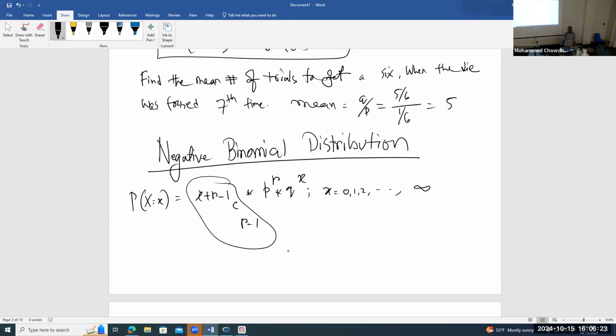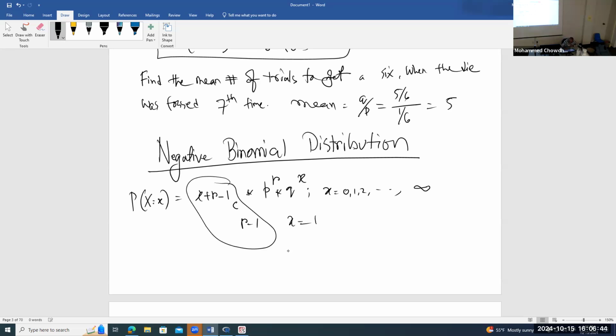You remember the computational method that I taught? What is this? It is combination. But now I have to explain what is X.